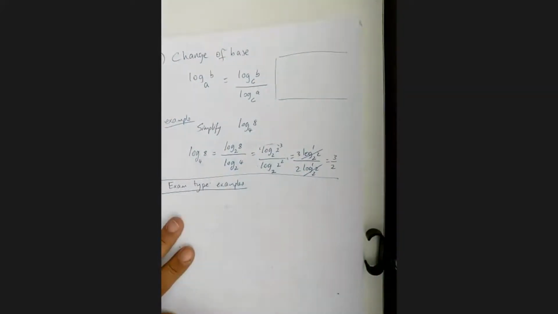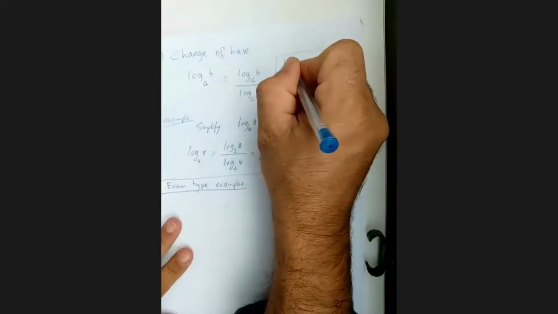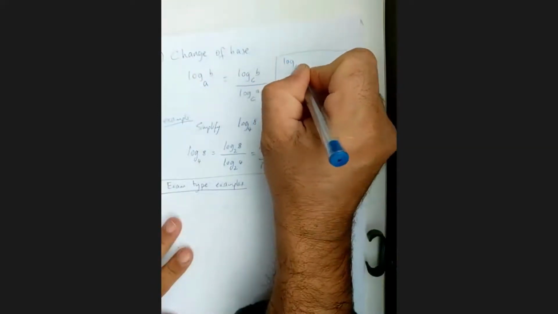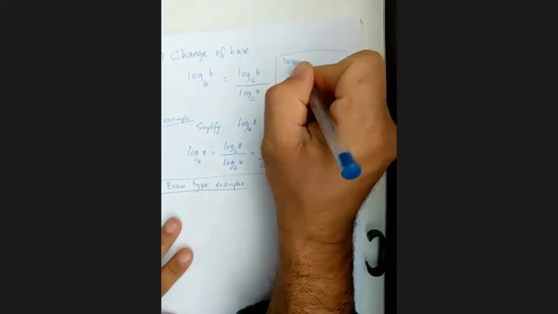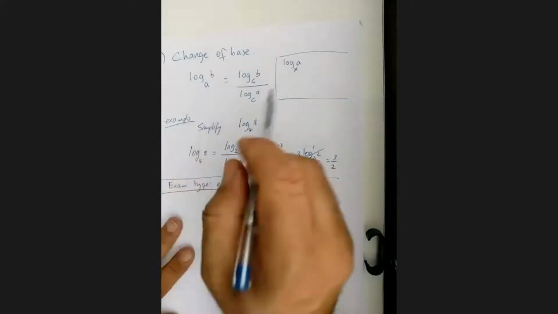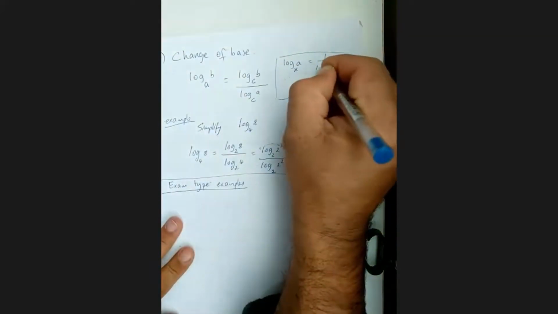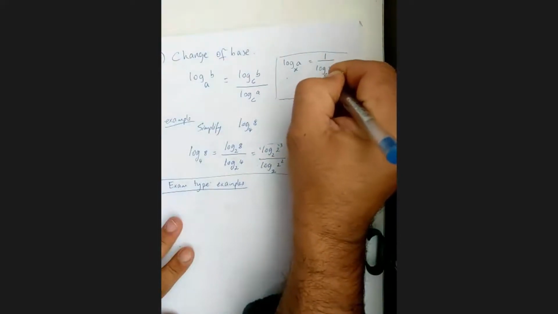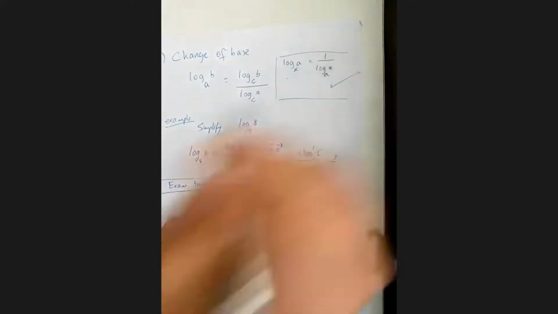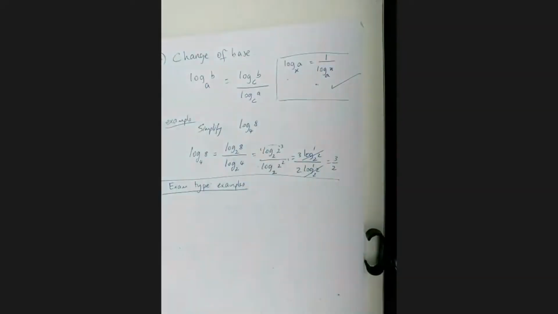We have a simple way of change of base. If we have x, the unknown, at the base, by the change of base rule, we can rewrite that one as 1 over logarithm of x to base a. This is very, very important. Keep in mind that one.